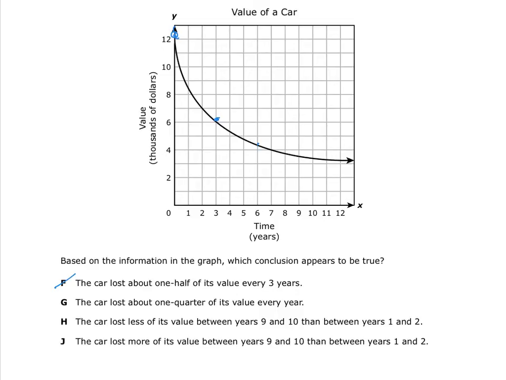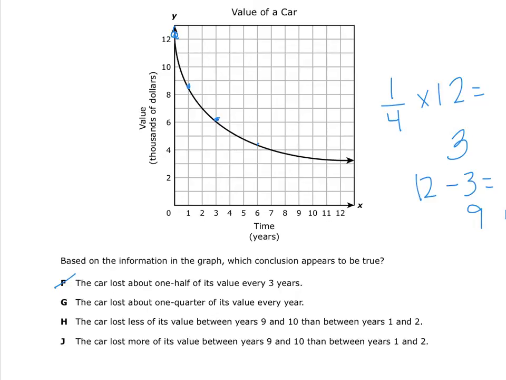G says the car lost about 1/4, which would be 1/4, or divided by 4, of its value every year. Okay, so it starts with 12. After 1 year, it goes down to 9. Okay, so 1/4 of 12 means that it would lose 3. 12 minus 3 is 9. So that is true.